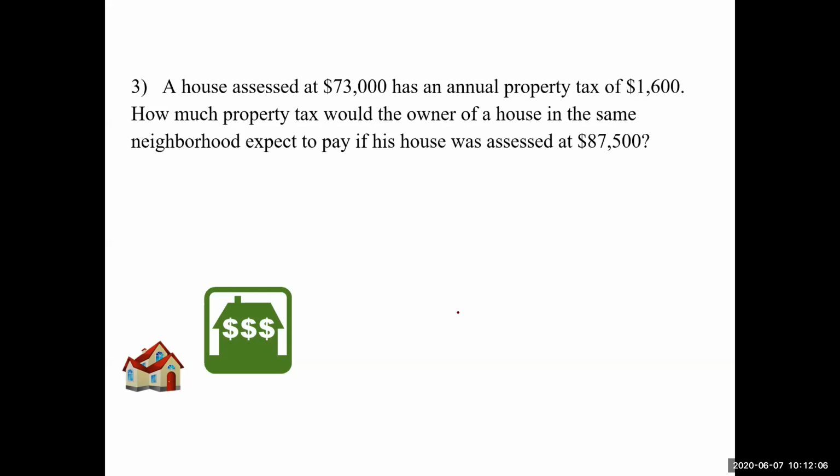So I'll put costs, okay, and I'll put tax. These are the two main things that I can extract out of the word problem. All right, so a house assessed at 73,000. So 73,000.